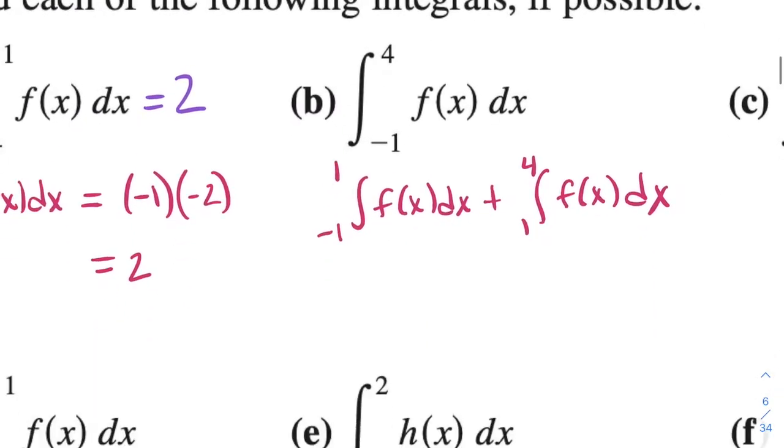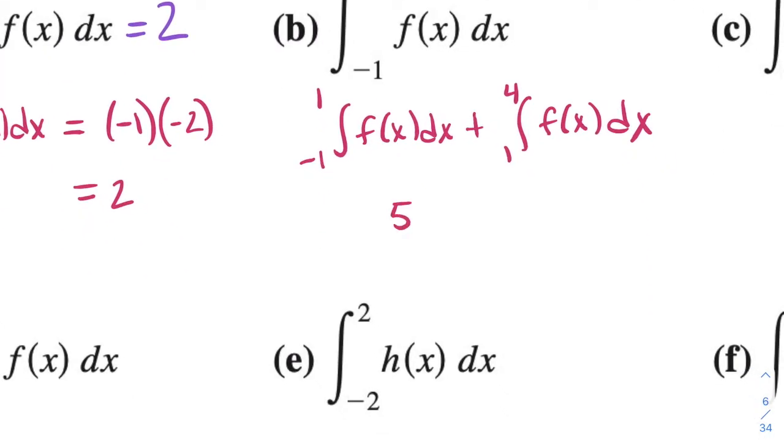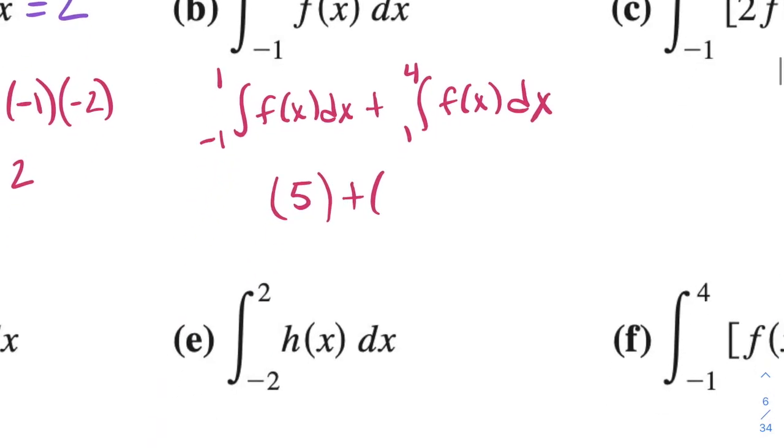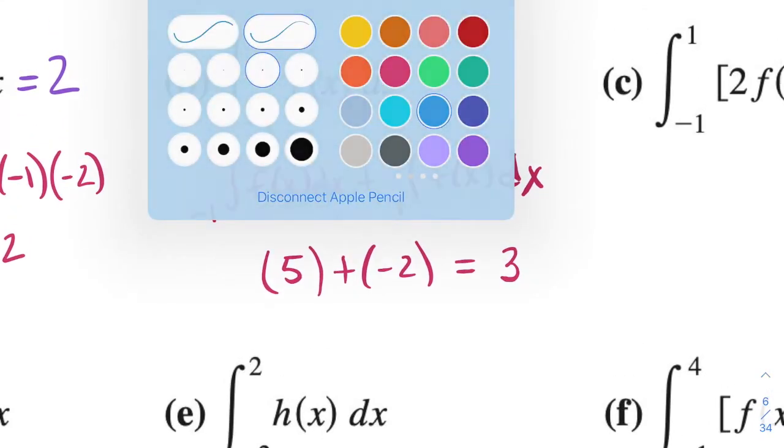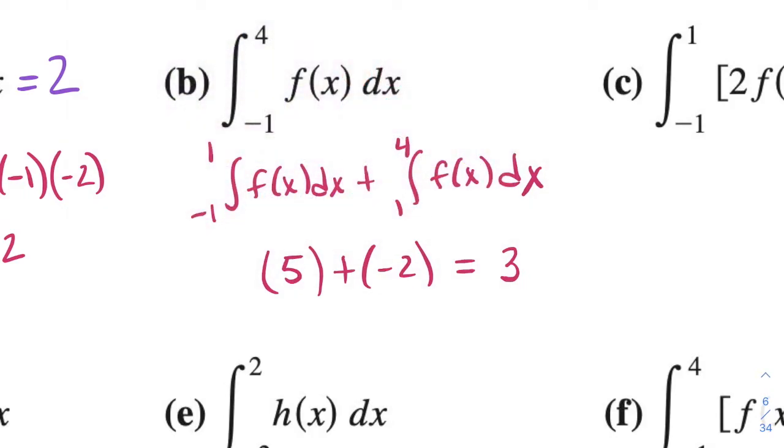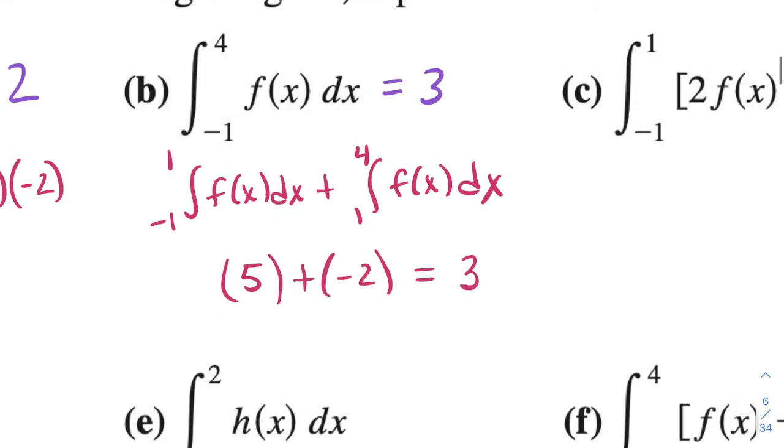So -1 to 1 is 5. So it's going to be 5 plus 1 to 4 is -2. And that equals 3. And that's my answer. I want to keep these as simple as possible. You're just breaking them apart, multiplying them, pulling a negative out front, flipping the integral and making it opposite.